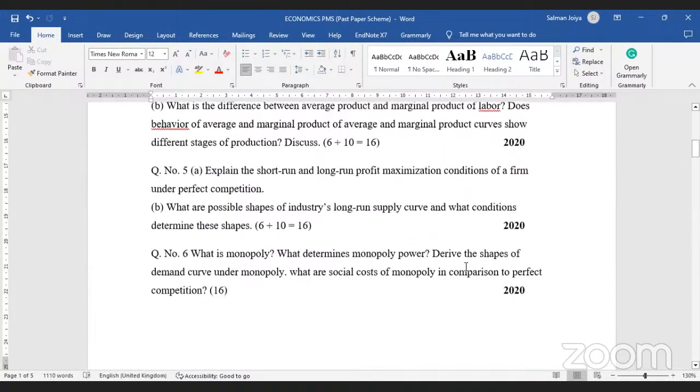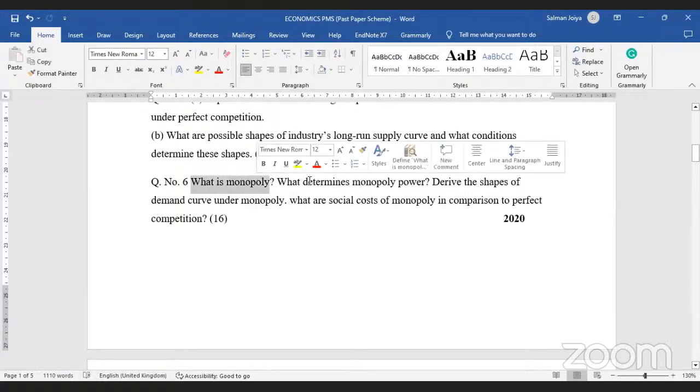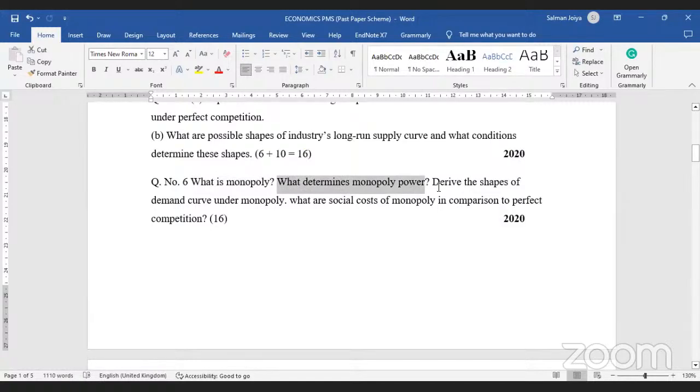Likewise, here, this question for 2020 is a total of 16 marks, no portions, no A, no B. That means one single question, but different heads. You see, what is monopoly? What determines monopoly power? The second portion of the question: derive the shapes of the demand curve under monopoly.